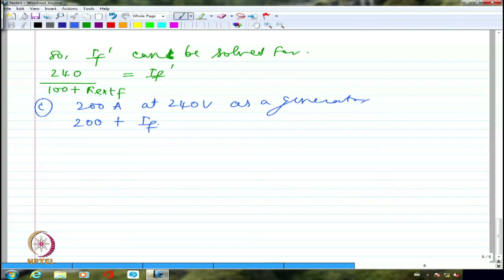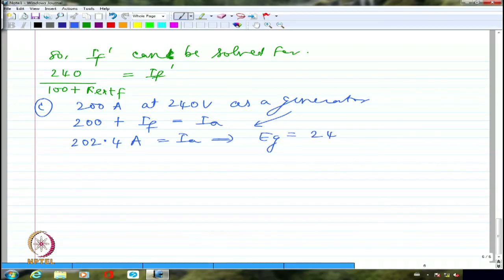I don't know whether this is with field current as in B or field current as in A. I think I have calculated it with field current as in A in my solutions, which is 2.4 ampere. So 200 plus IF will be IA as a generator. So I am going to have 202.4 ampere as IA, from which I can calculate EG equal to 240 plus IA-RA drop. Right? So I would be able to get the generated voltage.